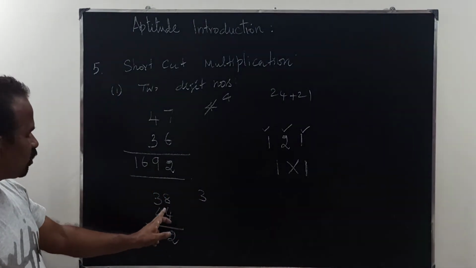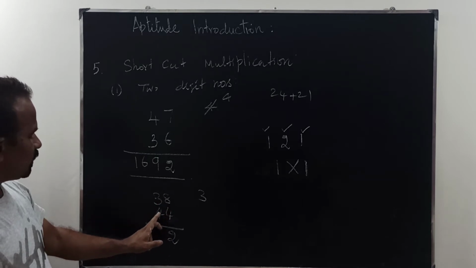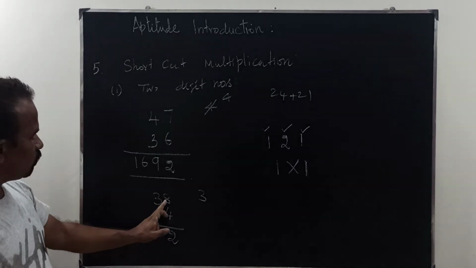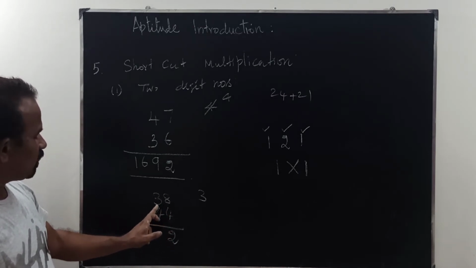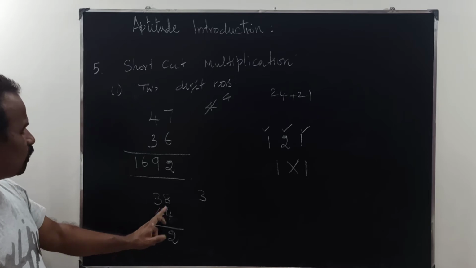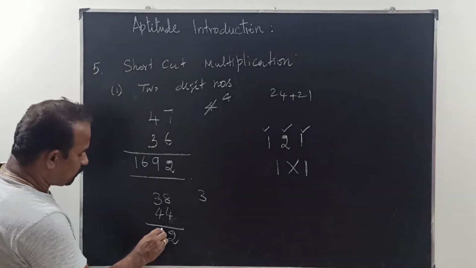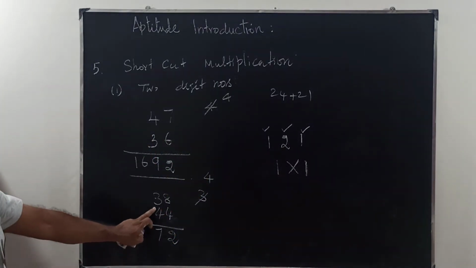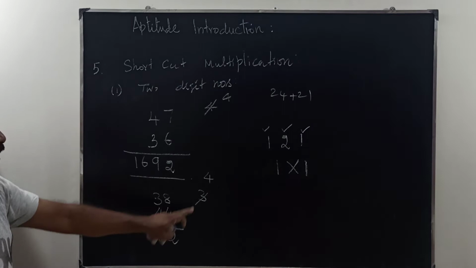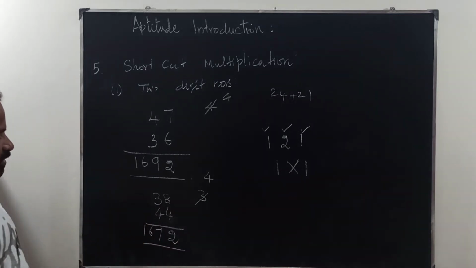So you have to take the cross multiplication. 4 into 3, 12. 4 into 8, 32. 32 plus 12, therefore 44. 44 plus 3, 47. Remaining 4. 4 3s are 12. 12 plus 4 is 16.